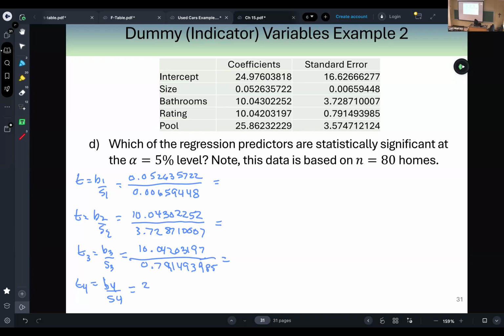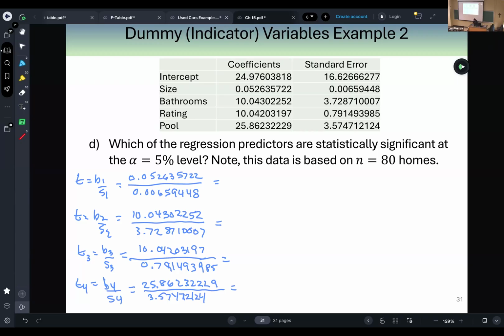And then finally 25.8623229 divided by 3.57471224. All right. Do we have any T's?